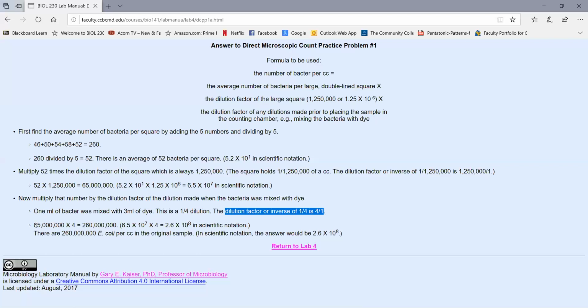So going back then, we have the 65 million from the previous step times 4, giving us a final answer of 260 million E. coli per cubic centimeter. If we're doing it in scientific notation, then the 65 million is 6.5 times 10 to the 7th times 4, giving us a final answer of 2.6 times 10 to the 8th. So that's the first practice problem.